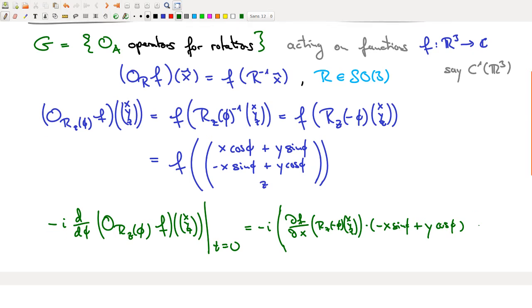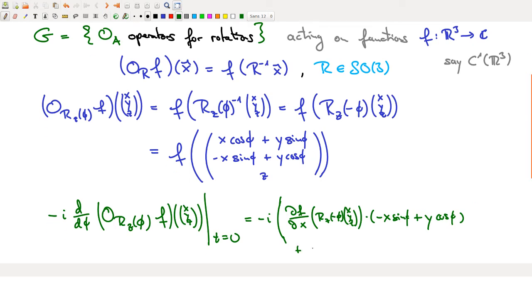And now there's a second term, that's df/dy at the same argument, Rz of minus phi times x, y, z. And now we have to take the derivative here, and that gives us a minus x cosine phi minus y sine phi.